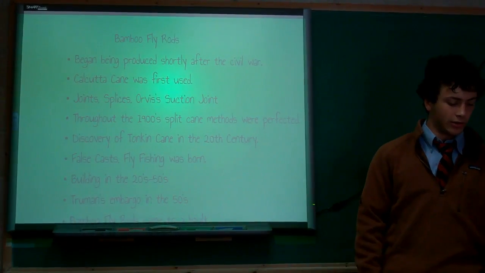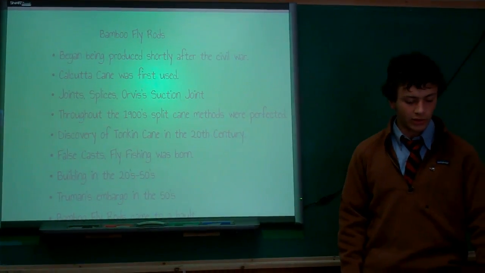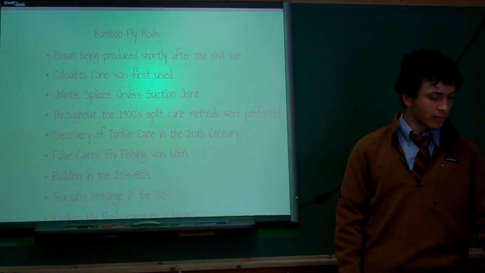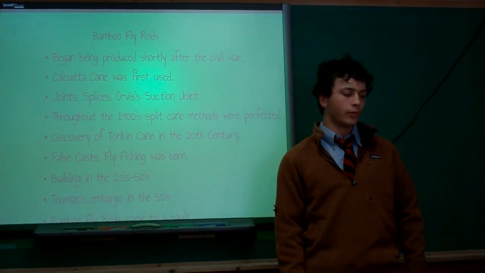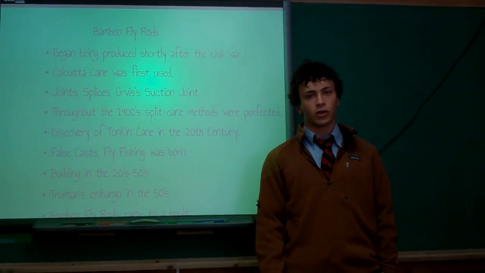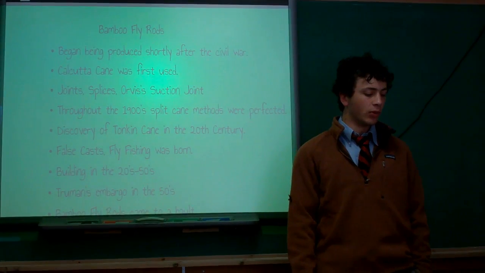So throughout the 1900s, split cane methods were perfected, but they were still using Calcutta cane. And then in the early 20th century, they discovered Tonkin cane, which was a much stronger, lighter, more flexible species of bamboo.